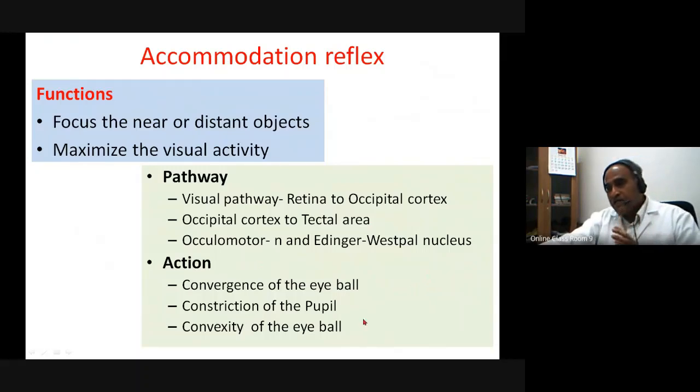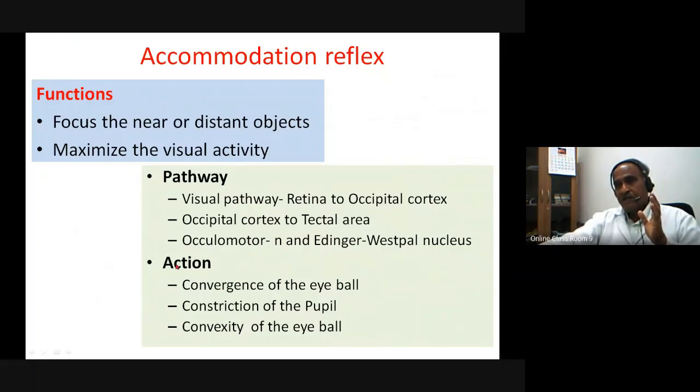I again summarized the pathway here. The pathway is visual pathway, retina to occipital cortex. Then the centers are occipital cortex to tactile area. Then the oculomotor nerve is the efferent that is coming from the Edinger-Westphal nucleus or the motor nucleus of the oculomotor nerve.